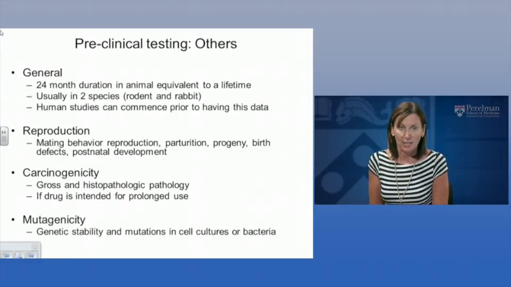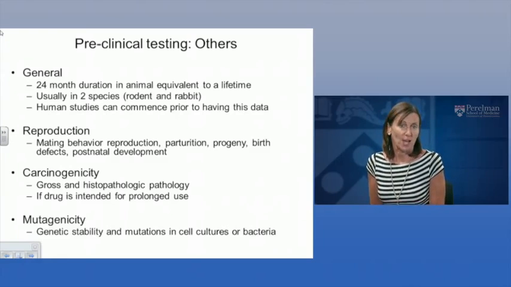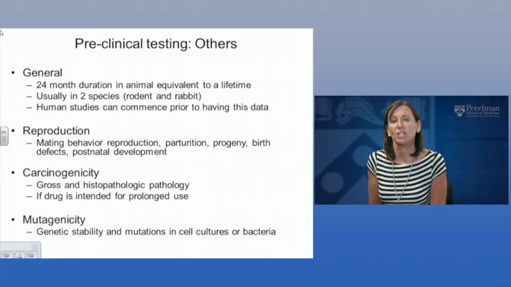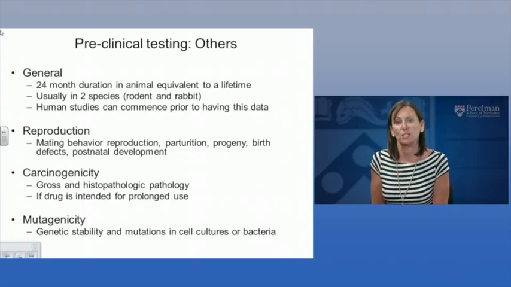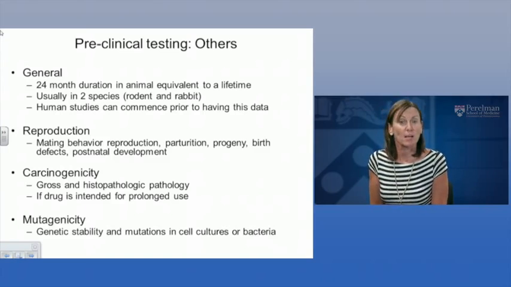you decide to evaluate. Carcinogenicity testing is typically done in the pathology lab. So both gross pathology, anatomic pathology, and histopathologic pathology, looking down a microscope, to see any subclinical manifestations of toxicity.